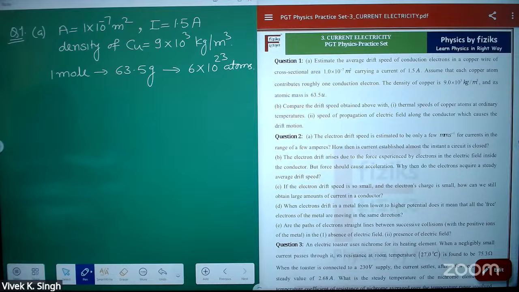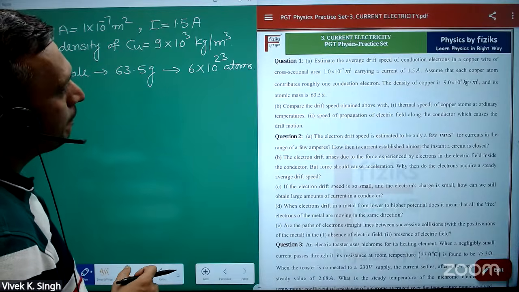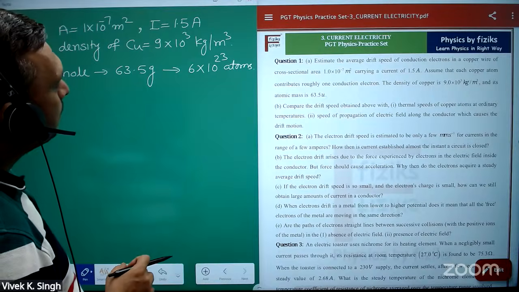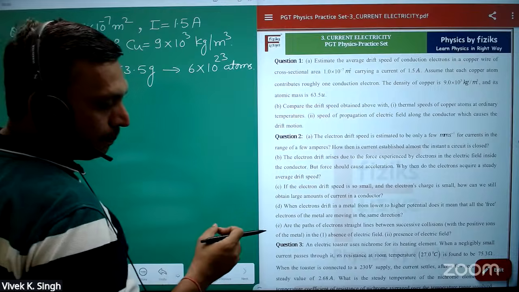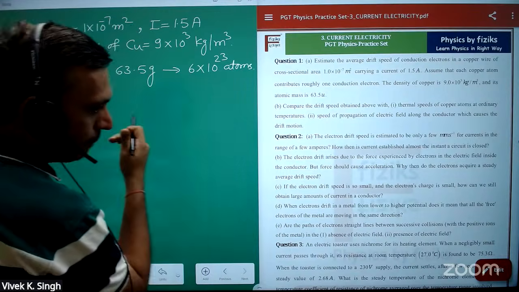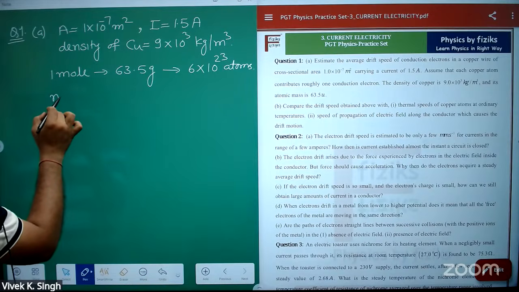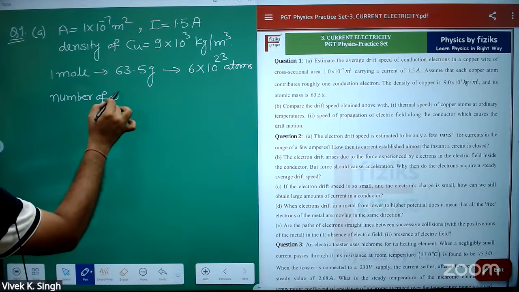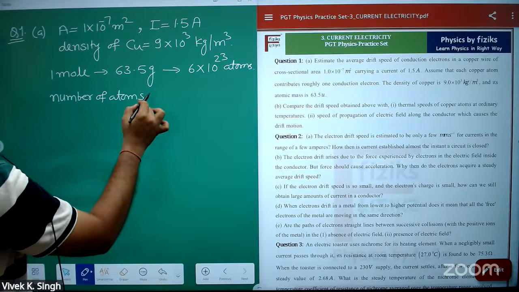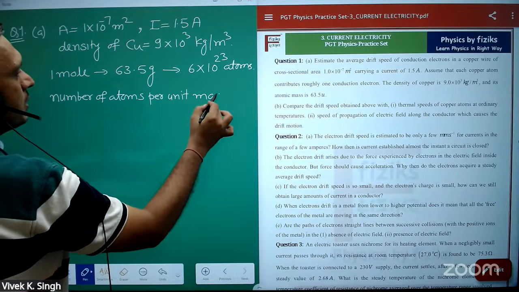So what will be the number of atoms per unit mass?